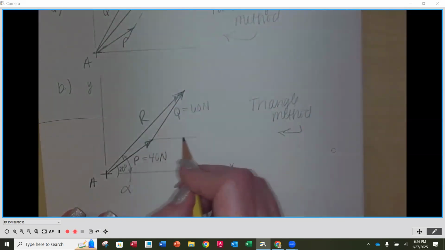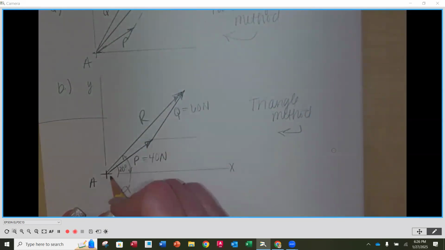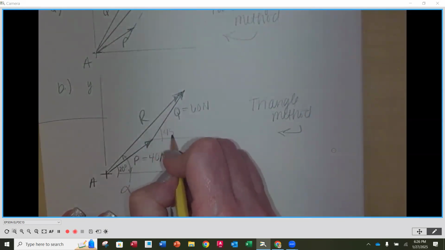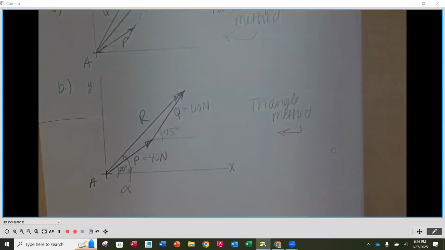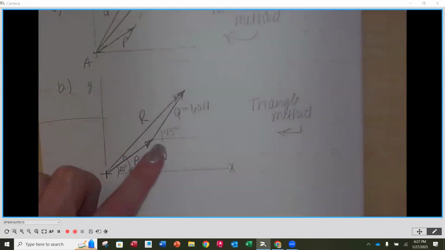And from horizontal, from where it would have been down at point A, this is 45 degrees because it's 20 plus 25. So 45 from what would be horizontal. All right. So now we want to try to find R.